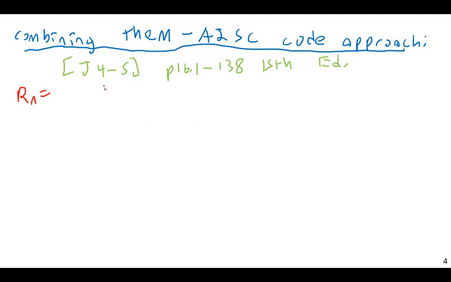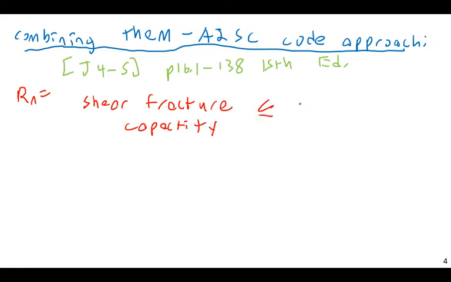So Rn is basically, let's see, I'll write this in words first. This equation is basically constructed as to say a shear fracture mode, shear fracture capacity is less than or equal to shear yield capacity, or shear fracture failure mode is less than or equal to shear yield failure mode.